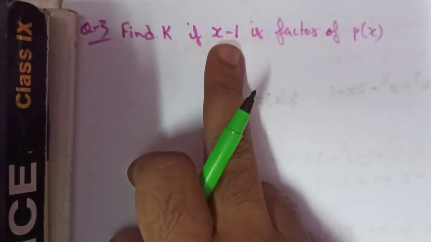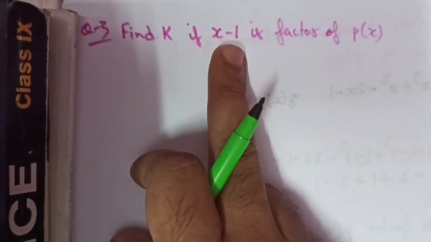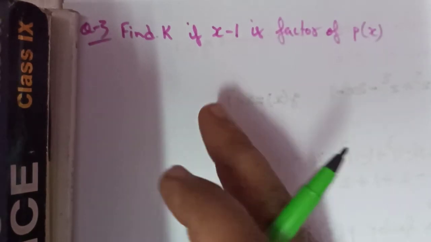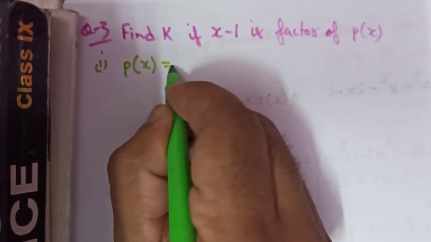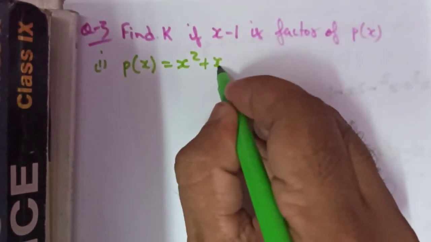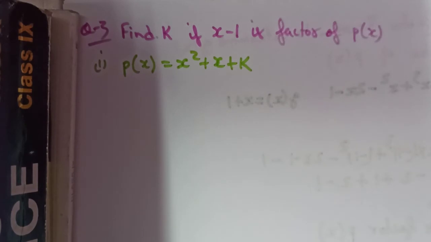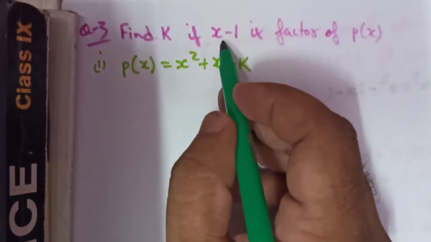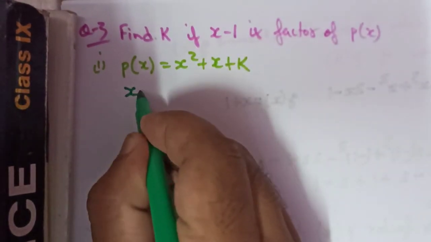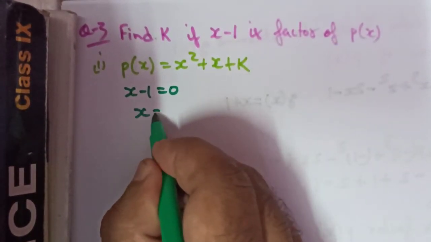Like here it is given that x minus 1 is the factor of p(x), then the value of p(a) will be equal to 0. So if the value of p(x) is given, that is x square plus x plus k, and it is also given that x minus 1 is a factor, then the value of p(a) will be 0. So first step will remain the same, that is we have to find out the 0 of the polynomial g(x), that is the 0 of the divisor, that is x minus 1. So we will write x minus 1 equals to 0, x equals to 1.